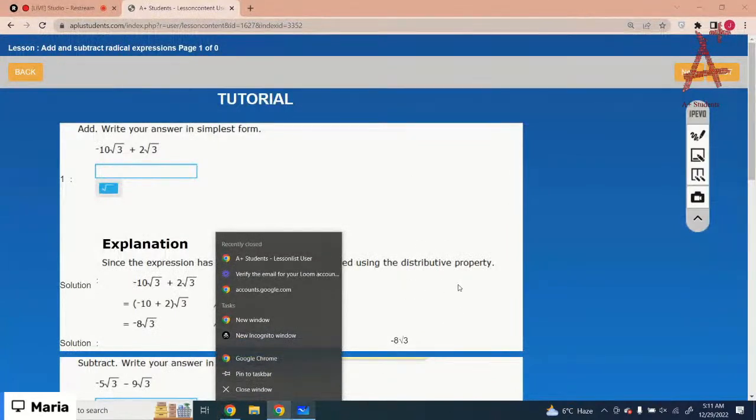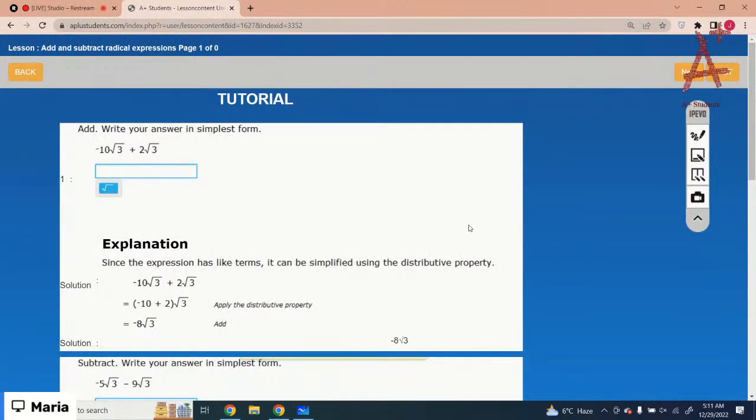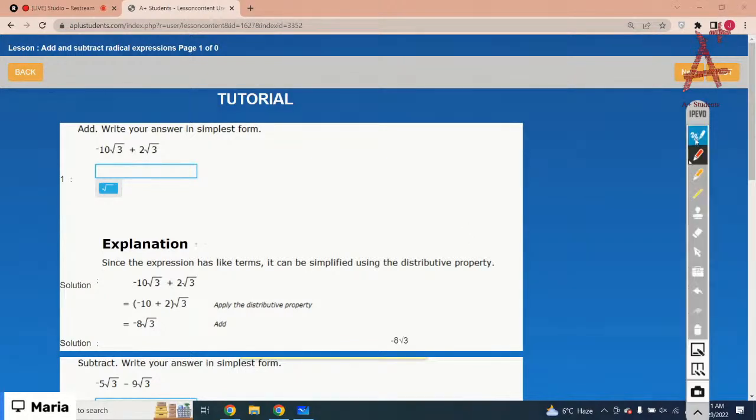Okay, let's just start with the first example you have. Negative 10 square root 3 plus 2 square root 3. So both of the expressions have the same square root value. Got it? You can take square root 3 common and you're left with negative 10 plus 2. Got it? So just evaluate negative 10 plus 2.